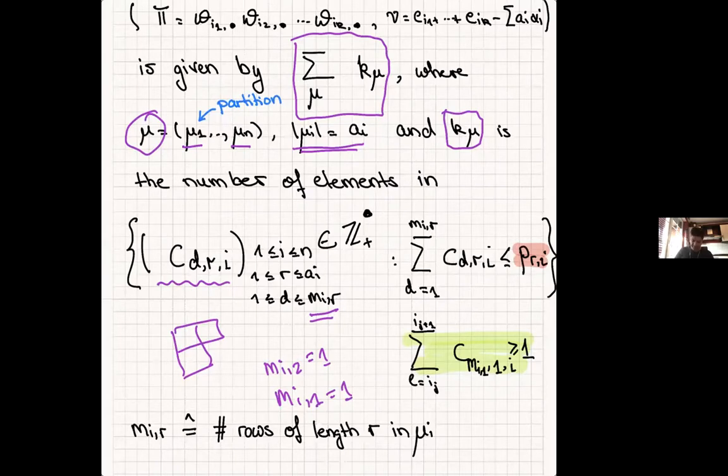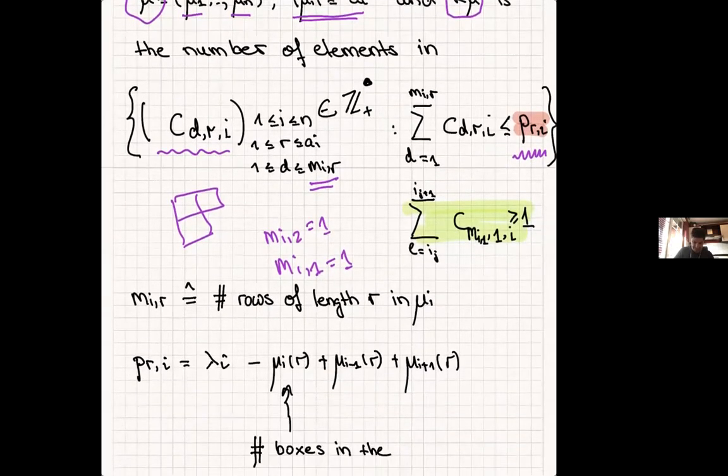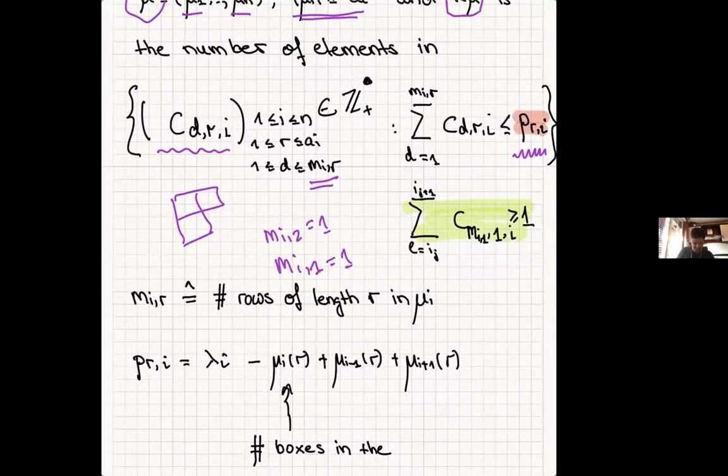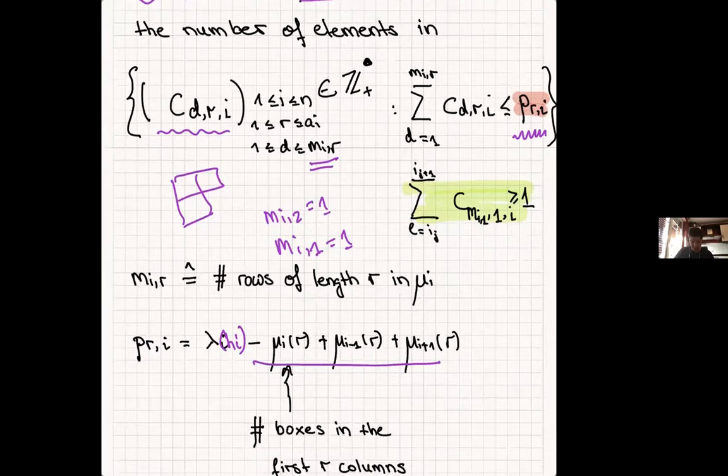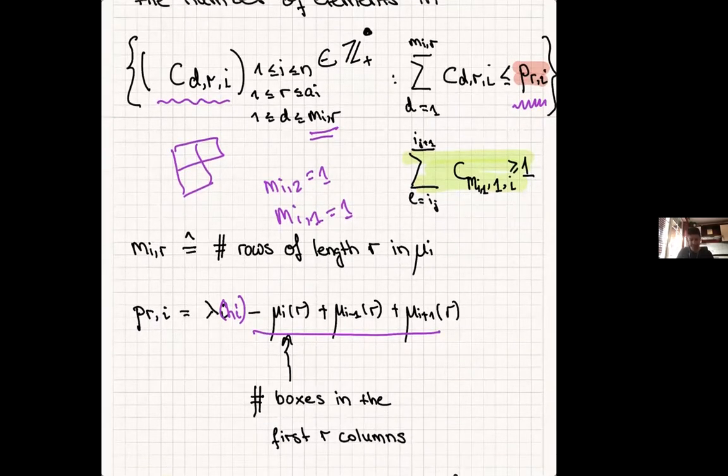What else haven't I explained? I haven't explained the right-hand side. You take lambda_i, so maybe I should write lambda(h_i), minus some number. This number mu_i(r) is the number of boxes in the first r columns. You take your Young diagram, you cut it at r, and you count the number of boxes to the left of r.